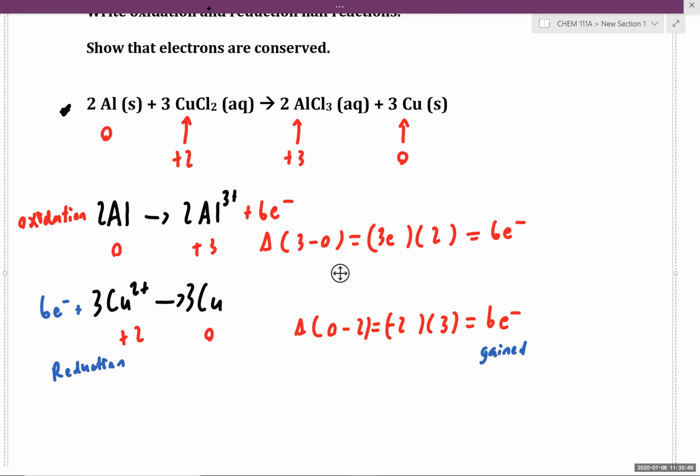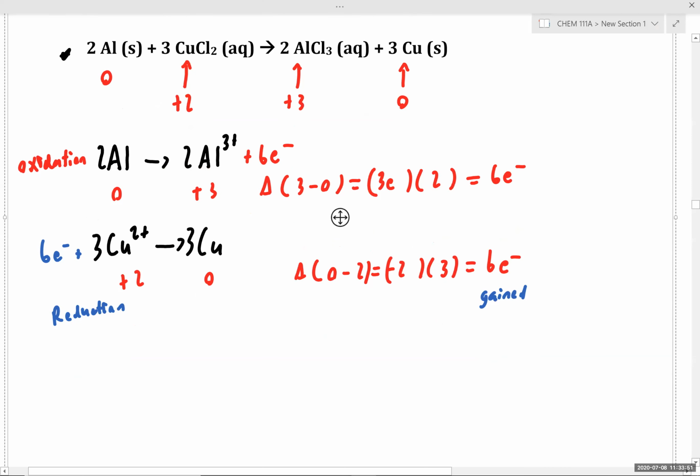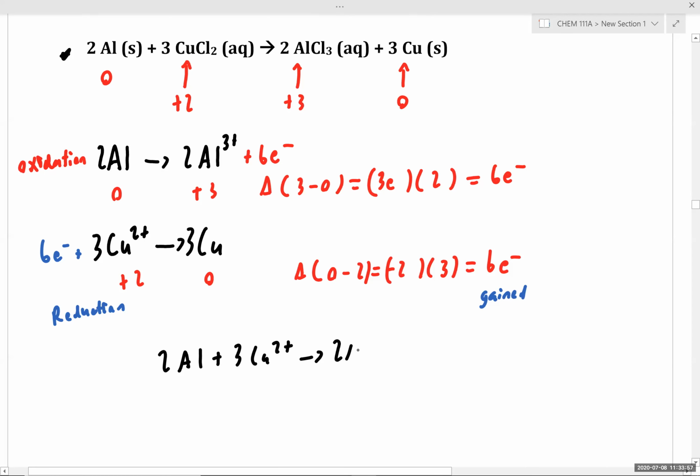If we add our two equations together, let me add them together step by step.